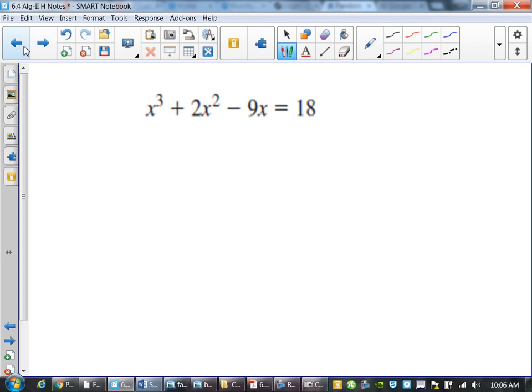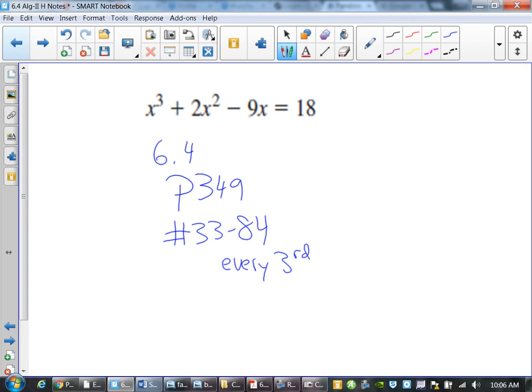This is easy. I'm trying to think about a more difficult one. No, I want to do different. So here's what I want you guys to do. On 6-4, it's page 349.